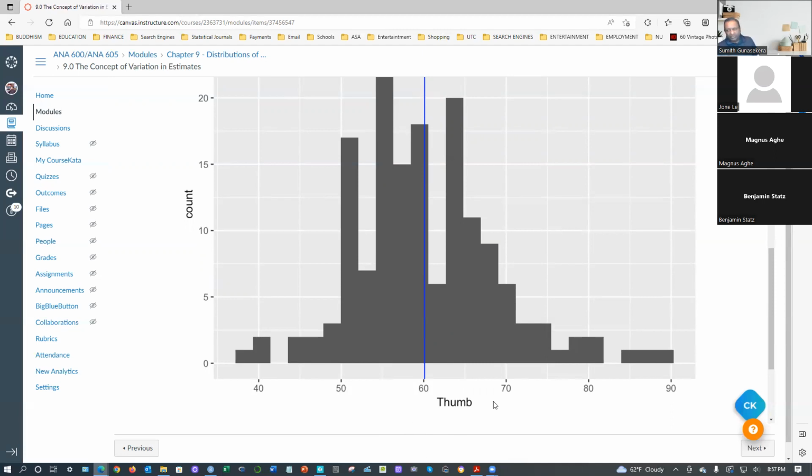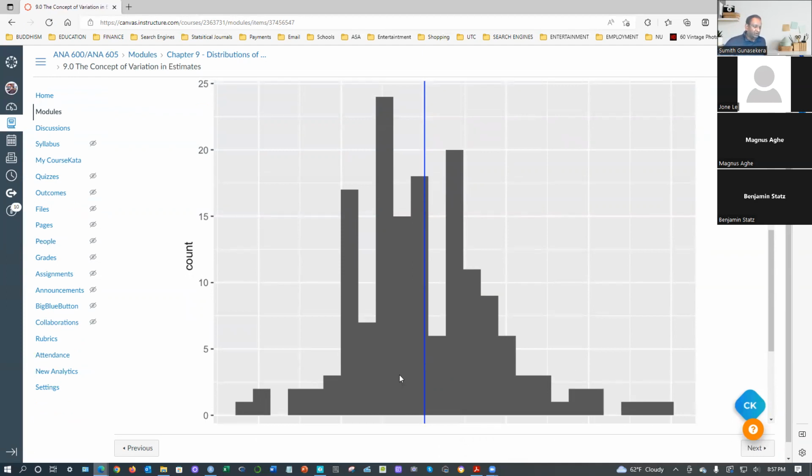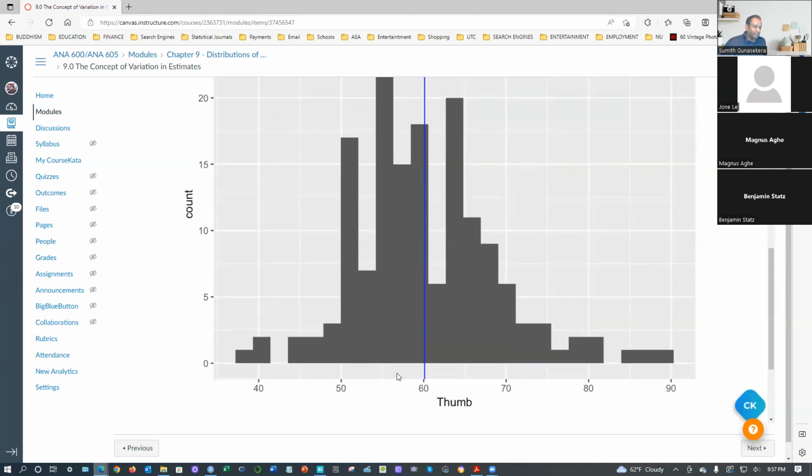You might be wondering why we picked that average. When you have this kind of graph, a sample distribution or sample histogram, the best single value to explain it would be the mean.